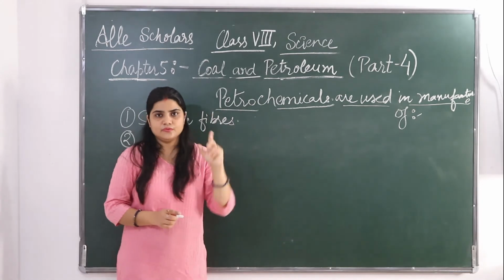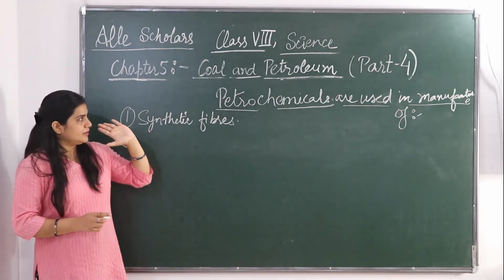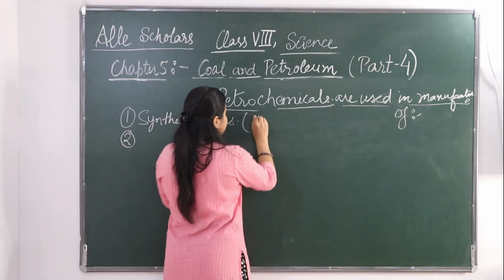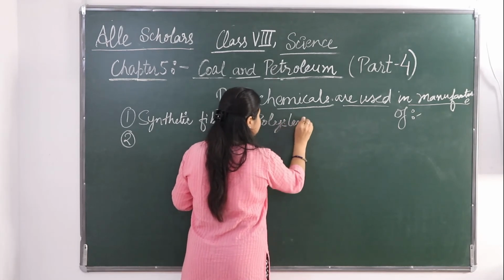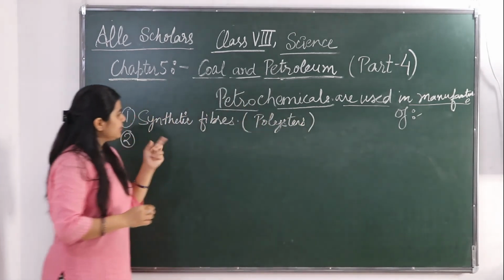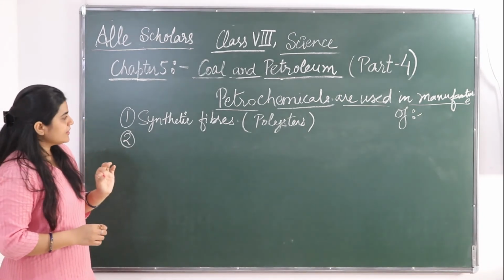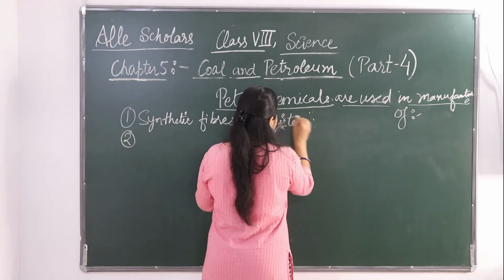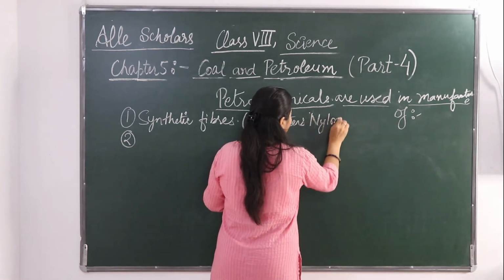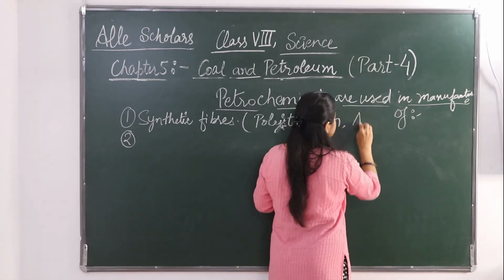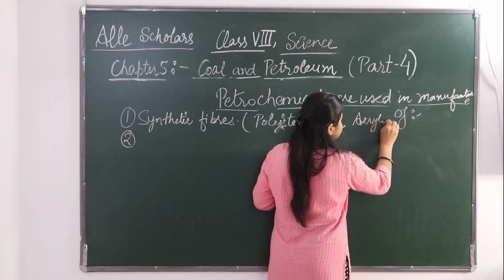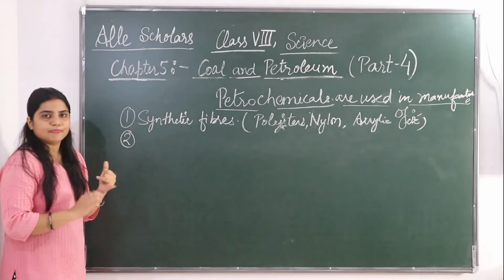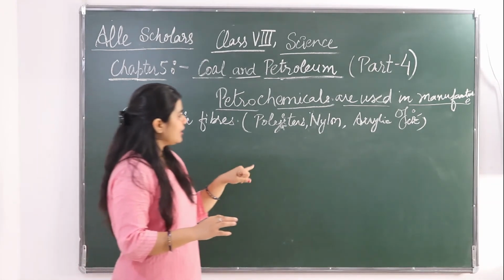If you remember, in our previous chapter we studied about fibers. Out of that, fibers like polyesters are manufactured using petrochemicals. Nylon also is manufactured using them, and also acrylic, etc. So petrochemicals are used in the manufacturing of many synthetic fibers like polyester, nylon and acrylic.